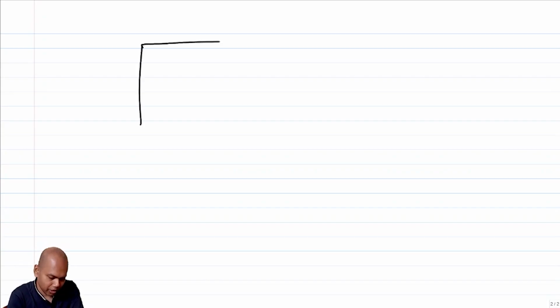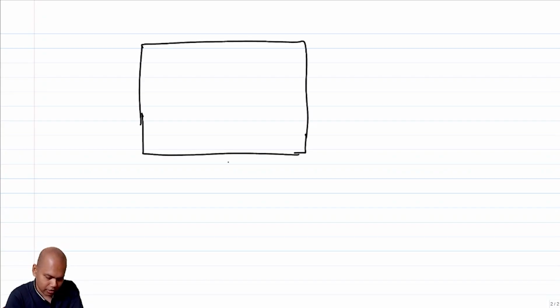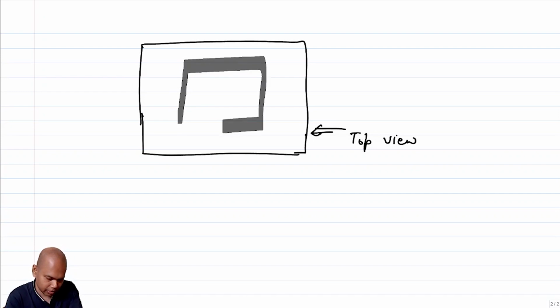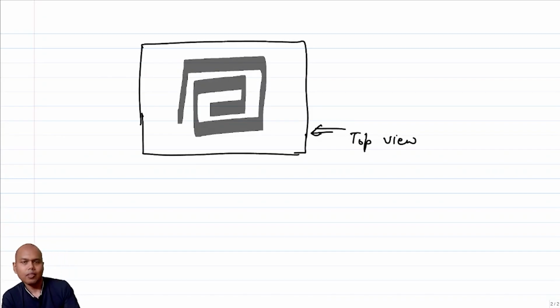Let's say this is your top layer. Again, this is the top view. And how would you like to go about making your inductor? Maybe I'll use a thicker pen. So maybe you can go about using inductors like this, and so on, right?